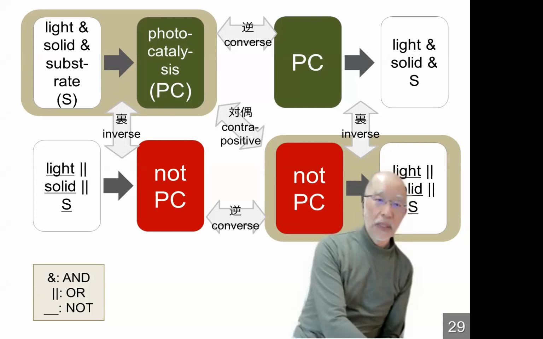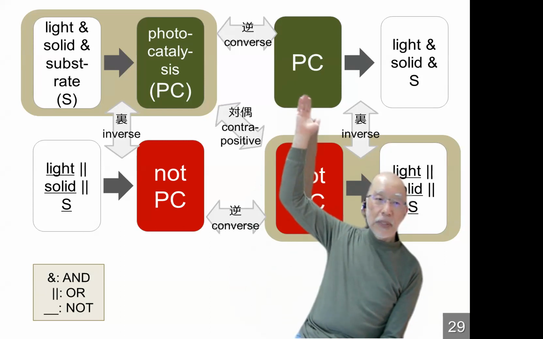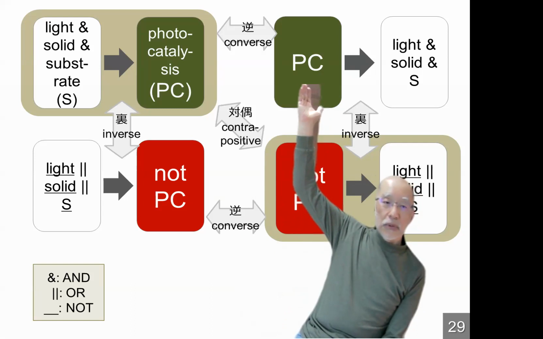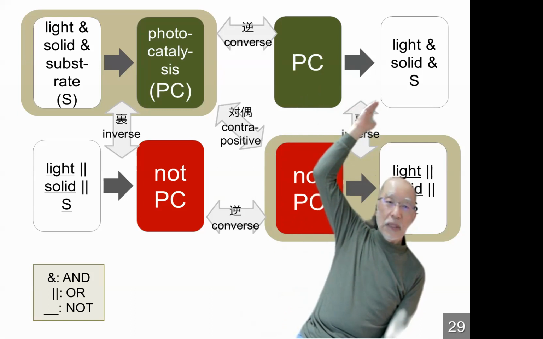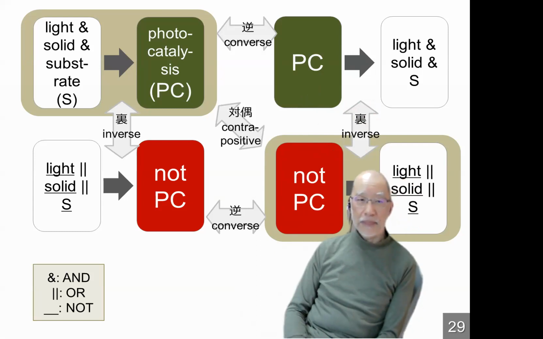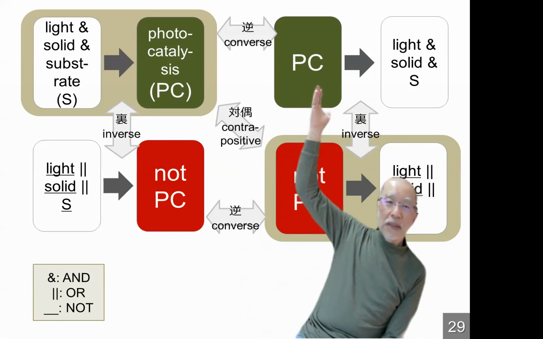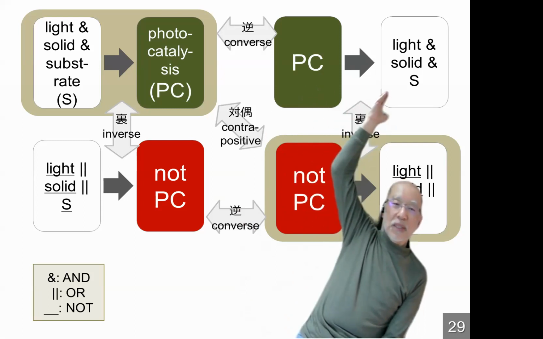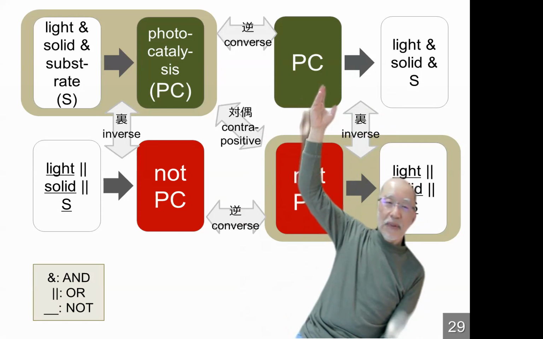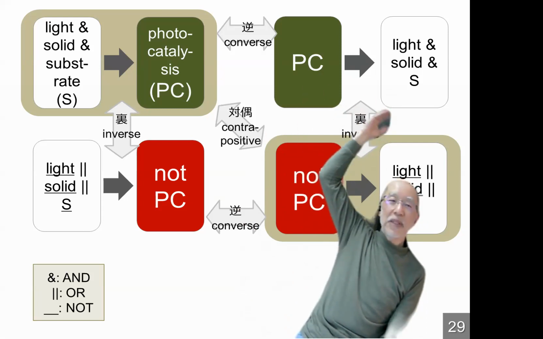If a reaction is photocatalytic, and photoirradiation, solid material, photocatalyst, and substrate, the large S is substrate, must be there. もし光触媒反応であれば、光と固体である光触媒と反応基質がないと起こらない。さっきのブランクテストですよね。これ正しいです。This is true because this is kind of definition.